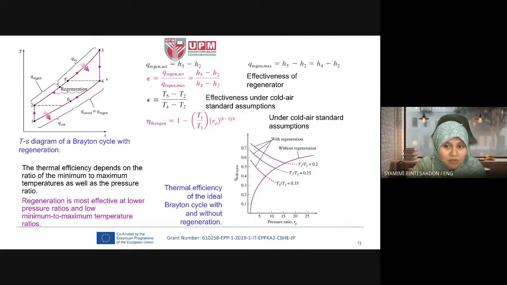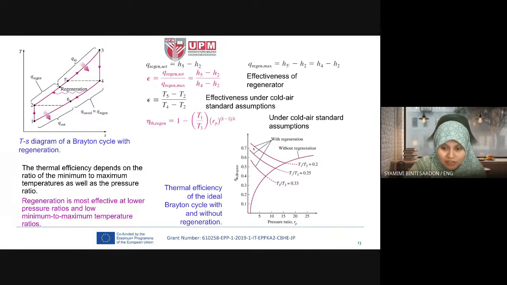But usually the process is not 100% effective, so in the actual case we can only increase the heat from 2 to 5. This is just for the regenerator, and this is the thermal efficiency for the whole cycle.